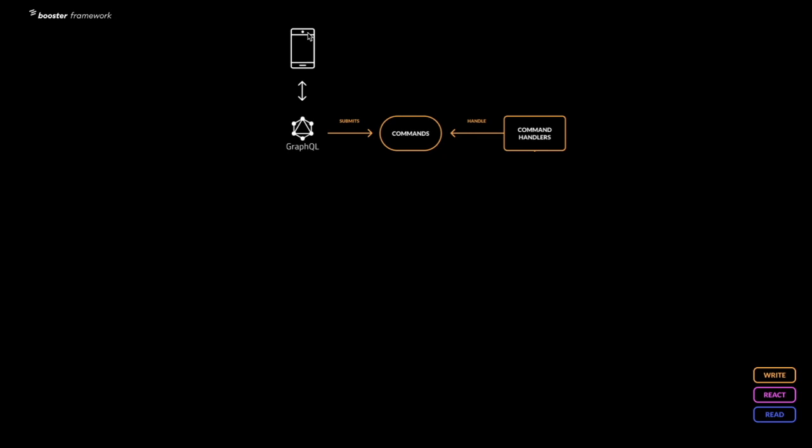So this will say, hey GraphQL endpoint, I want you to execute a mutation. This mutation is called create account, and it has the input email, which is johndoe@a.com, and I just want you to execute it. So this GraphQL endpoint will then create your class underneath, and it will execute your command handler method.